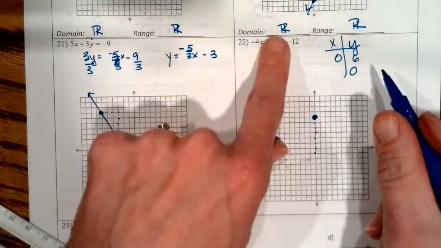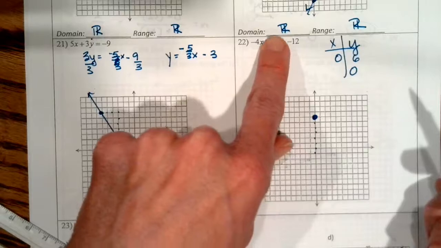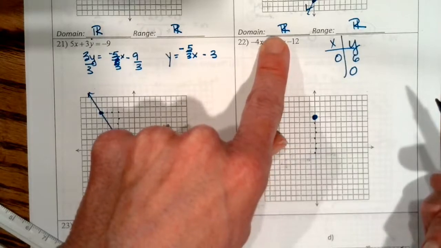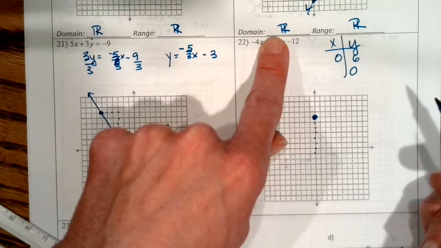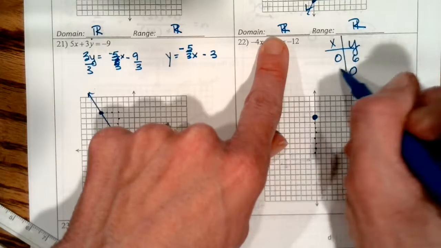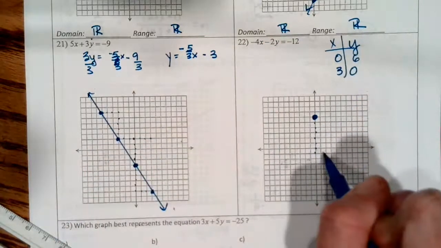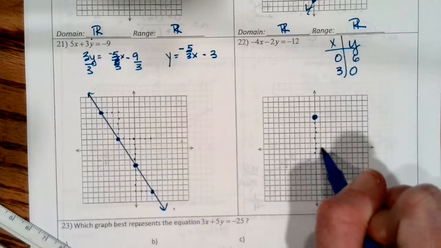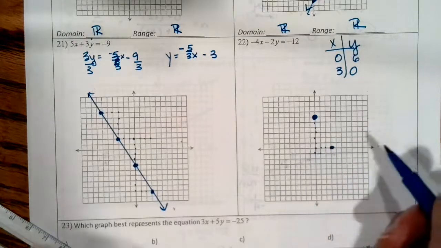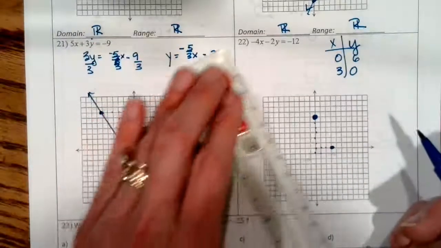When y is equal to 0, this 2y becomes 0, and I end up with negative 4 as my coefficient. When I divide each side by negative 4, x is equal to 3, so over 1, 2, 3. So I can go ahead and graph this equation.